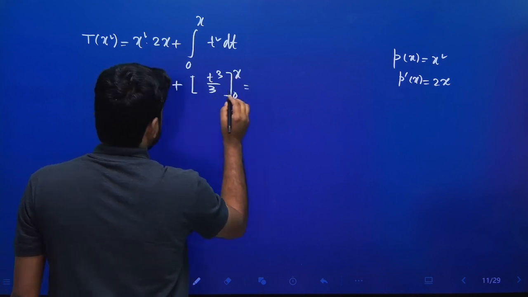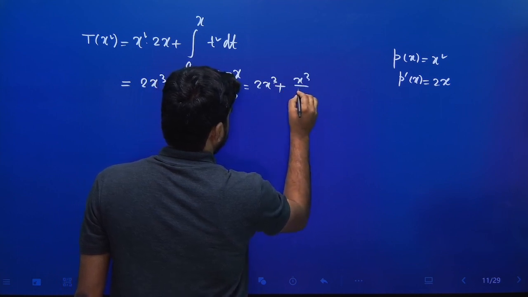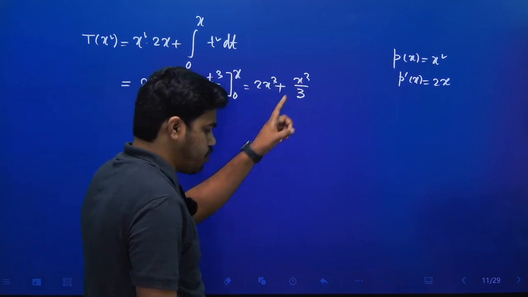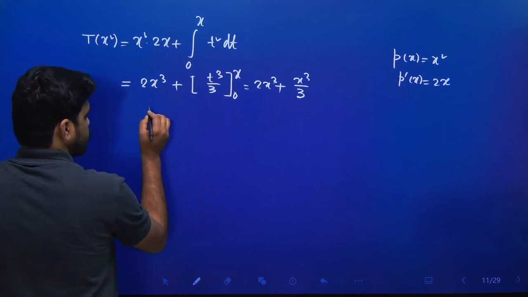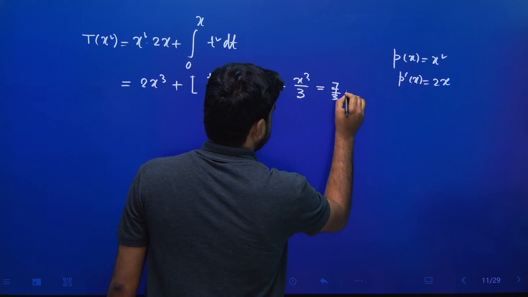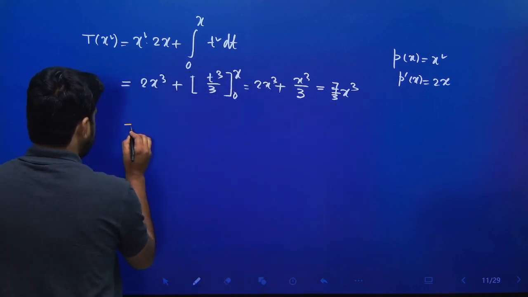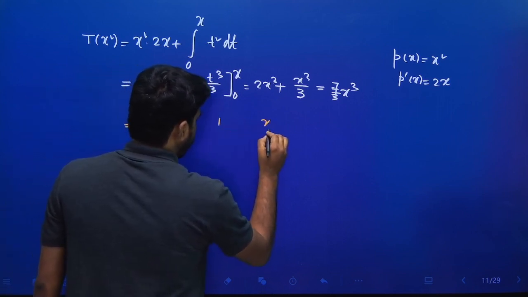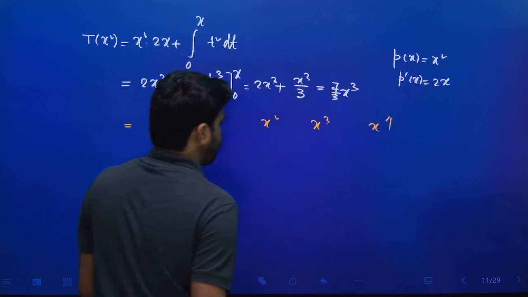So this equals 2x cube plus x cube by 3, that means 7x cube by 3, so this equals 7/3 x cube. Okay, so we have to express this as a linear combination of 1, x, x square, x cube, x to the power 4, right?